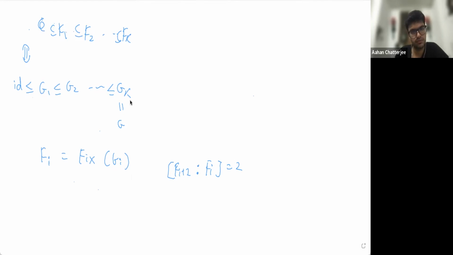So this is equivalent to finding a sequence of subgroups of G: the identity automorphism, a subgroup of G1, which is a subgroup of G2, until Gk, which is G, such that [G(i+1):Gi] is 2.